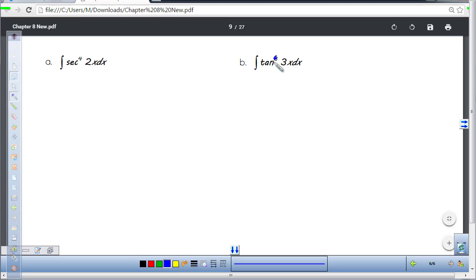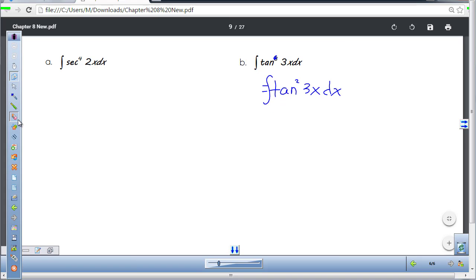So what I'm going to do is pull off tangent squared, still integrating. And then we've got tangent to the fourth power, 3x dx.